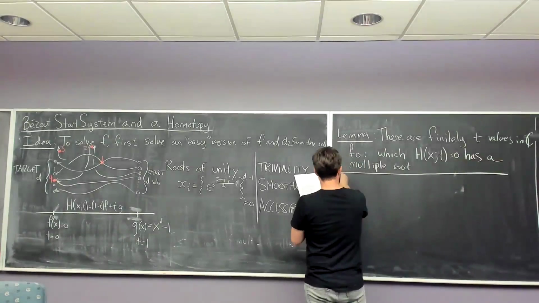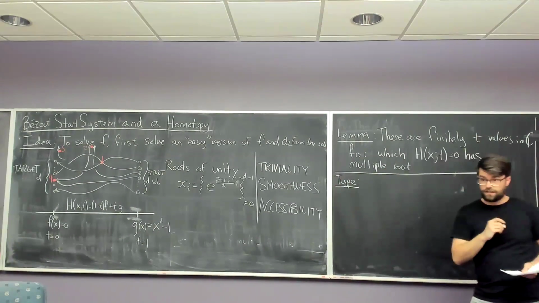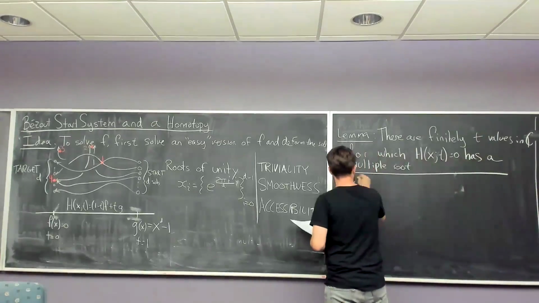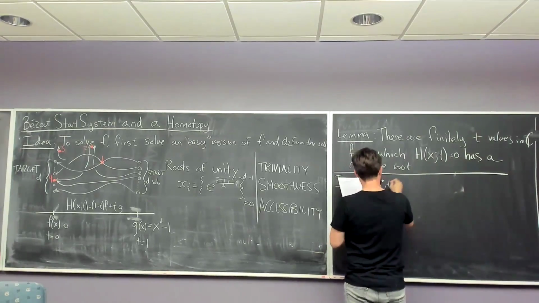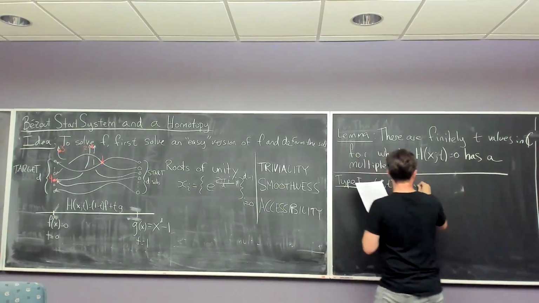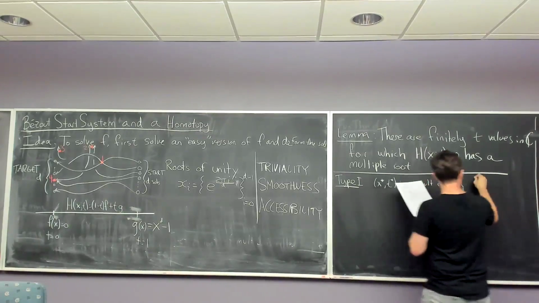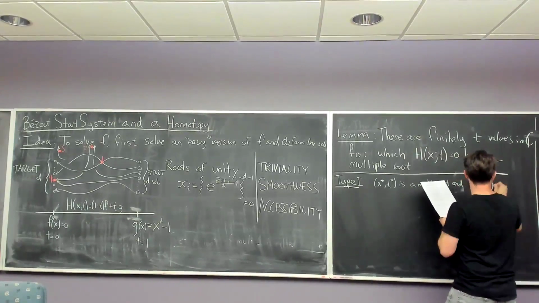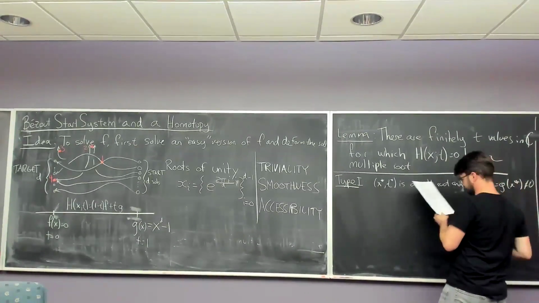We're going to bust up the possibilities into three types. First type is that x star, t star is a multiple root, and f of x star is g of x star, but that value is not 0.